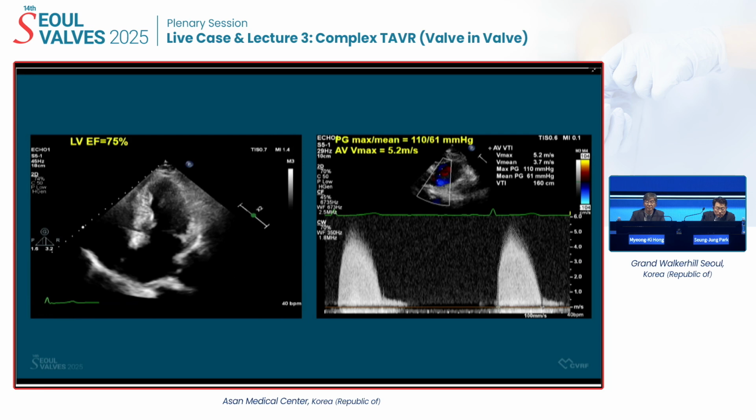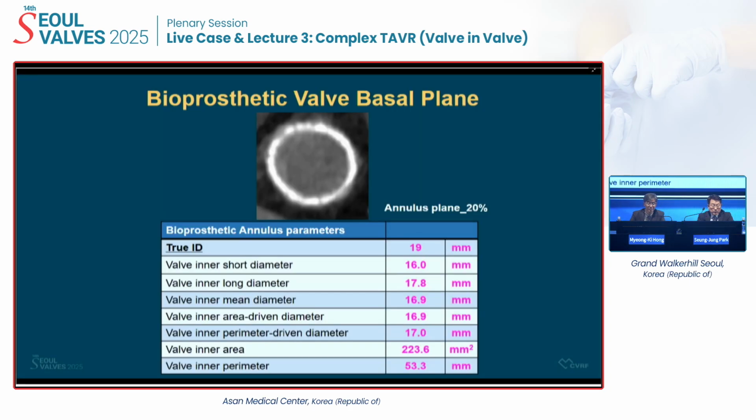LVEF was 75%, and mean pressure gradient was 61 millimeter mercury. And maximum velocity across the aortic valve was 5.2 meter per second. The inner short diameter was 60 millimeter, and long diameter was 80 millimeters. And the inner area was 223, and the inner perimeter was 15.3 millimeter.